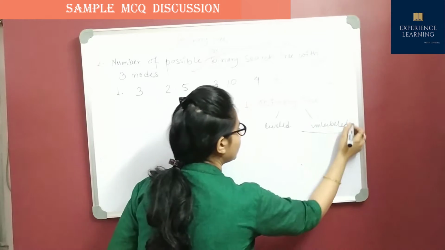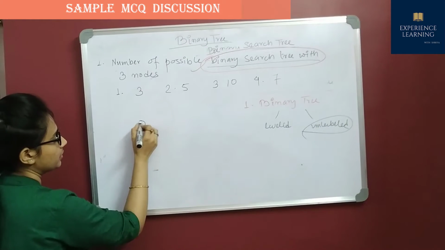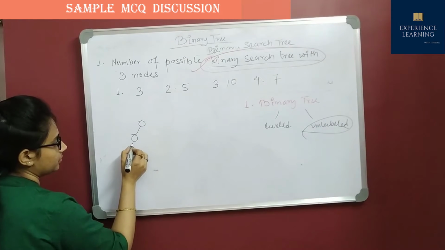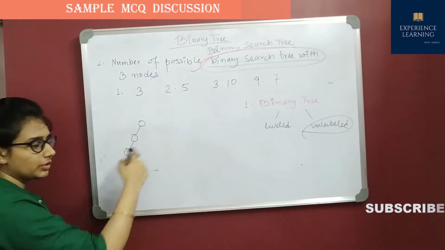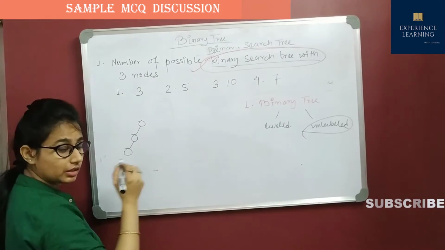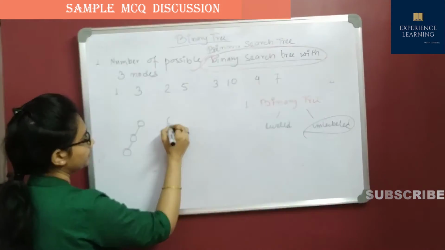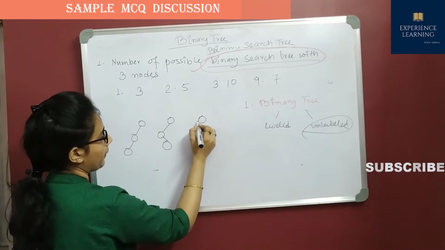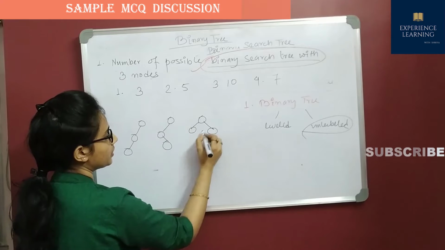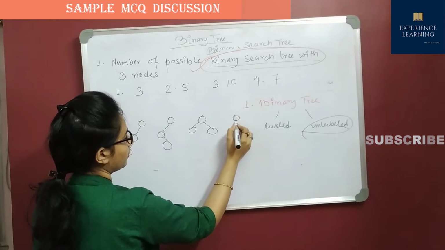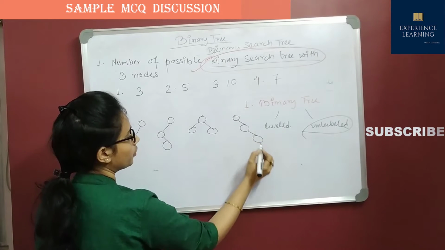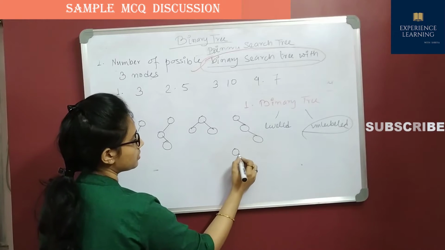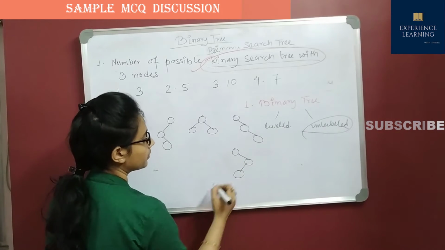If it is unlabeled, say we have this one with 3 nodes, how many binary trees are possible? 1, 2, 3, 4, and the last one is this one.